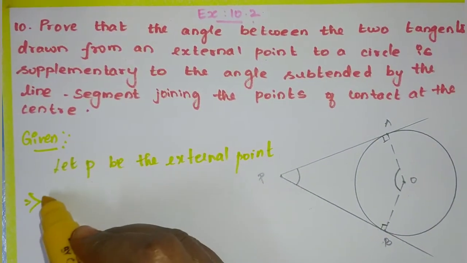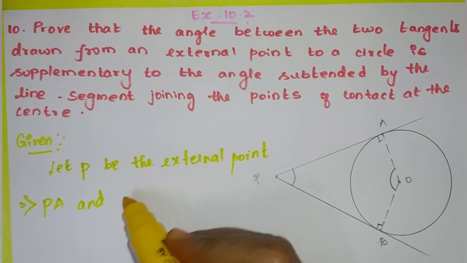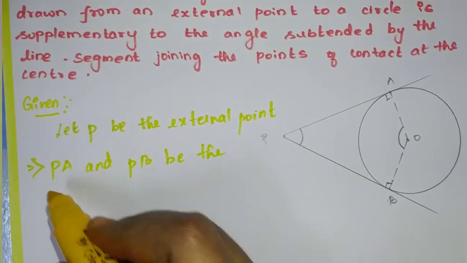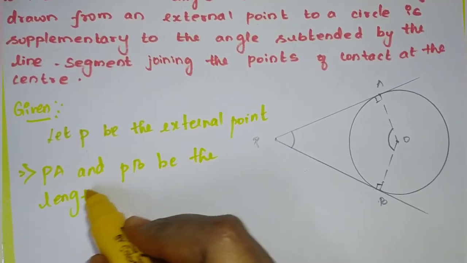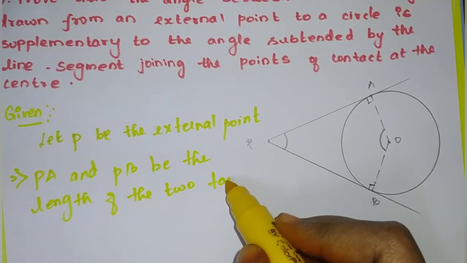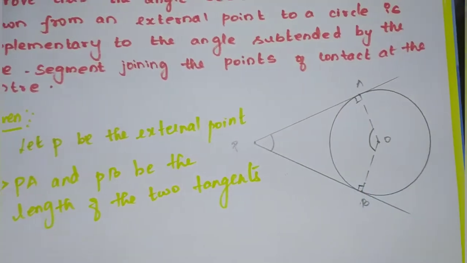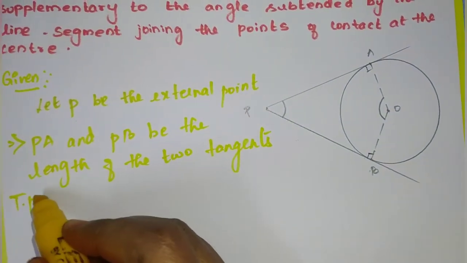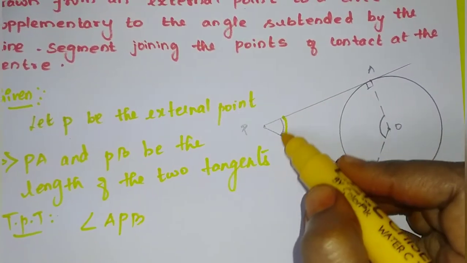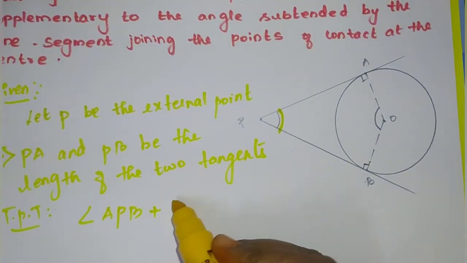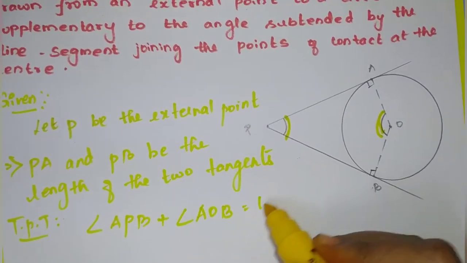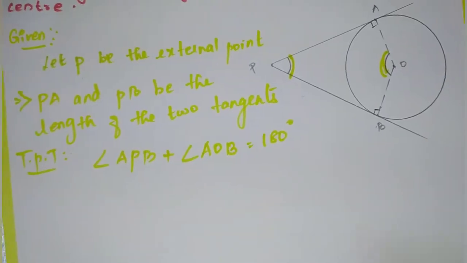It implies PA and PB are the lengths of the two tangents. What you have to prove? The angle APB plus angle AOB is equal to supplementary, that is 180 degree.